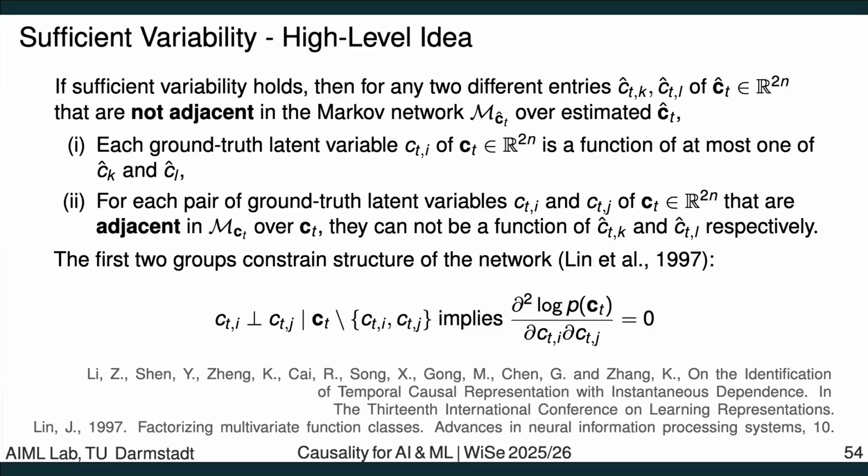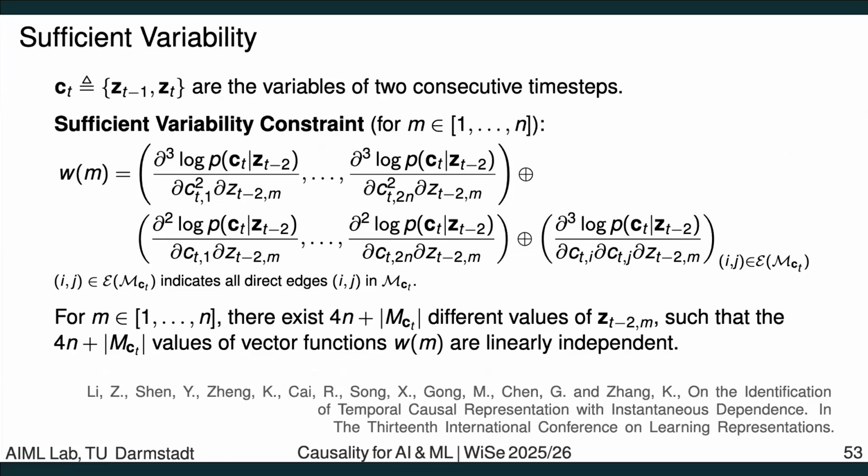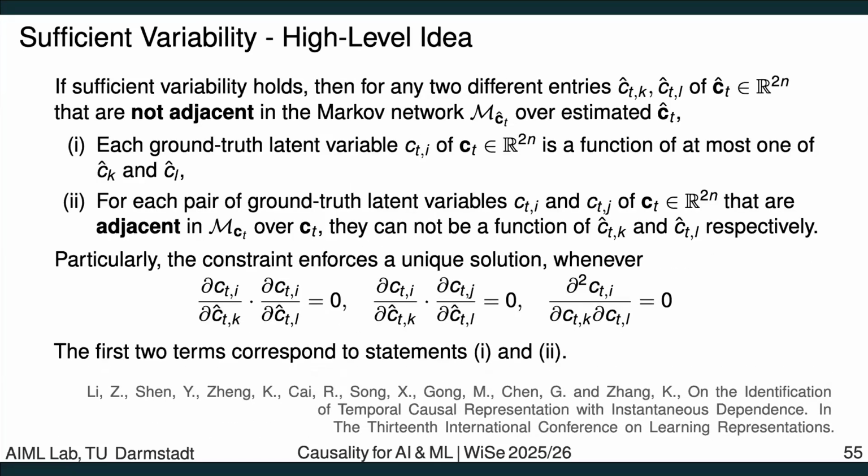And there is some quite old result, which basically tells us that these independence structures are somehow related to these cross derivatives. And this is what we saw in the previous slide. So this constructs a system of equations, which mathematically encodes these independence conditions. Here the first two correspond to the statements above.